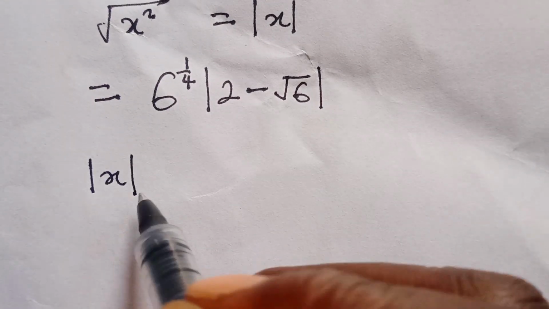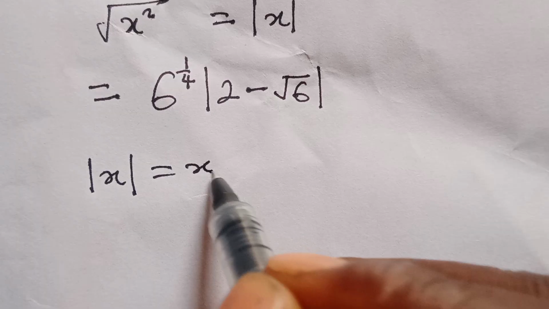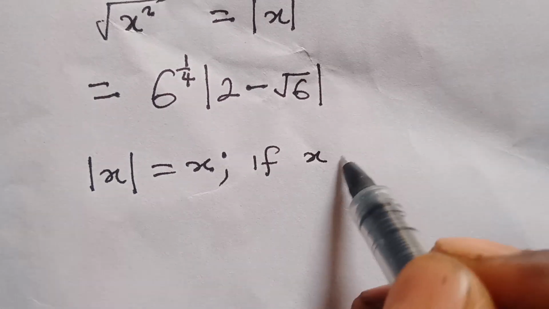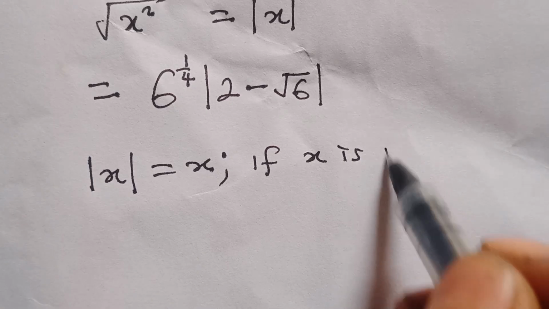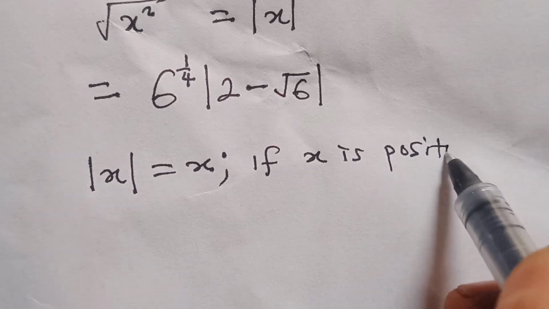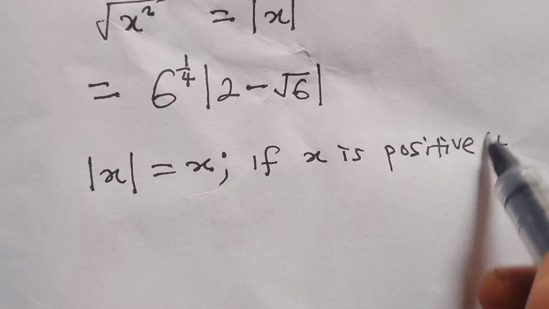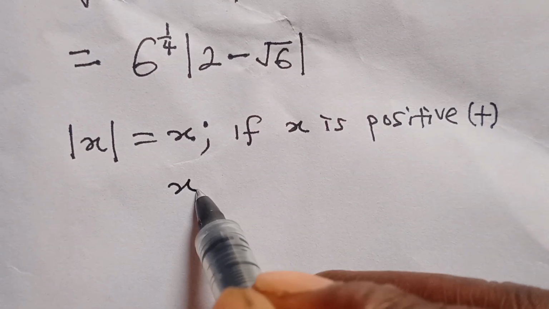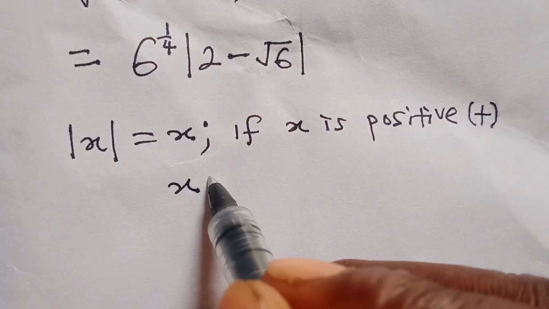So whatever you have inside this absolute value will be positive, either you have positive there or you have negative. This is what I want to write here. So if you have this, if x is positive, it will be positive. If x is negative, it will still be positive.